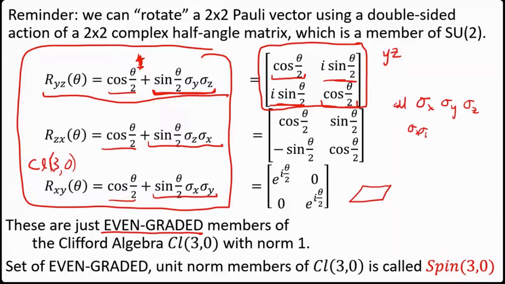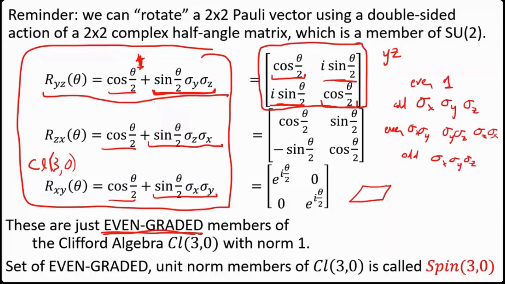The pairs would be even. And the trivector would be odd because it has 3. And the scalar, just 1, is even as well. So these are all even members because they have the scalar and the bivectors.